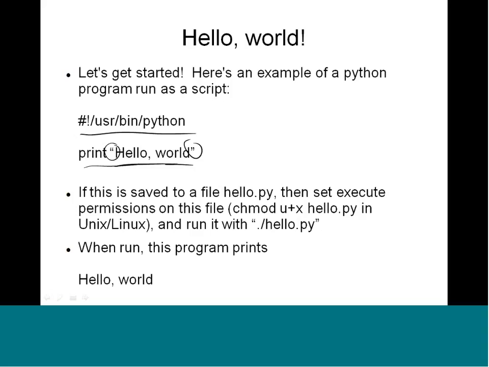If you save this file as hello.py, then you can set the execute permission on this file by doing chmod u+x hello.py in the Unix window, and then you can just run it as hello.py. When you run this program, the output is here, basically it just prints this statement, hello world. So this is simple enough. I think you should now be very familiar and confident to write Python programs.